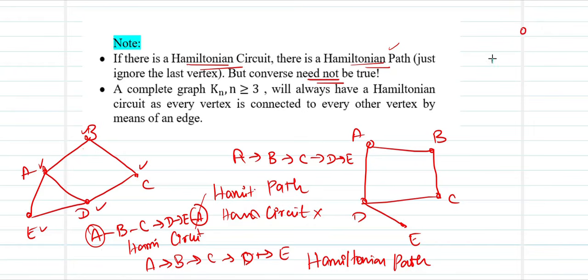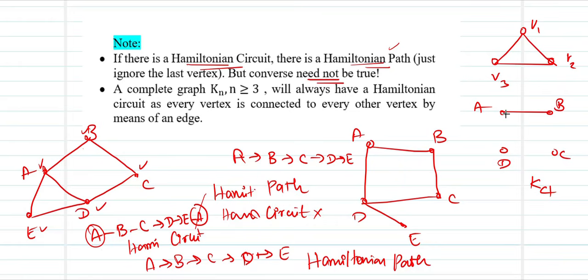So if we are going to have 3 vertices, 1, 2 and 3, every vertex is connected to every other vertex by means of an edge. So we are able to find a Hamiltonian circuit which starts over here and ends over here. When we are having 4 vertices, what is going to be this K4? Every vertex is attached to every other vertex by means of an edge.